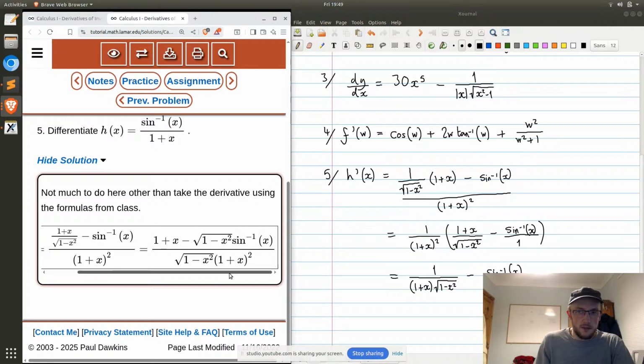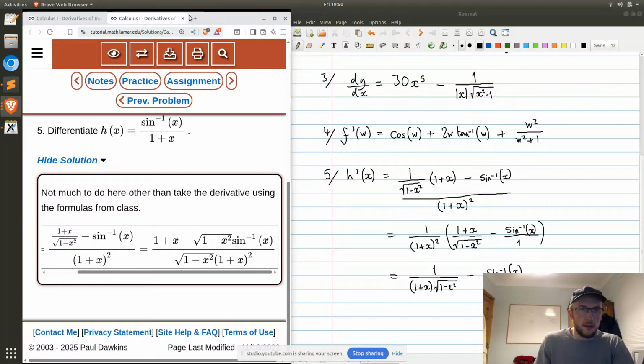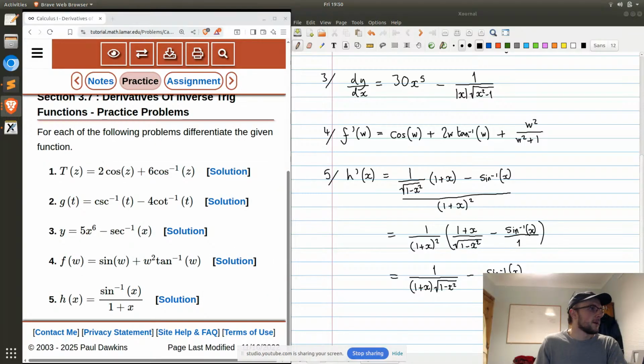And I guess they didn't feel the need to simplify that. Right, okay. They presented it in a different way, and that's absolutely fine.